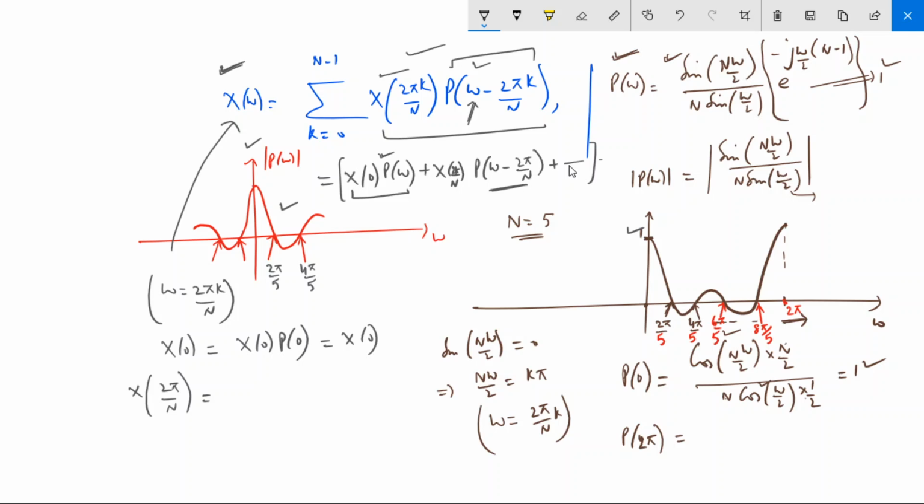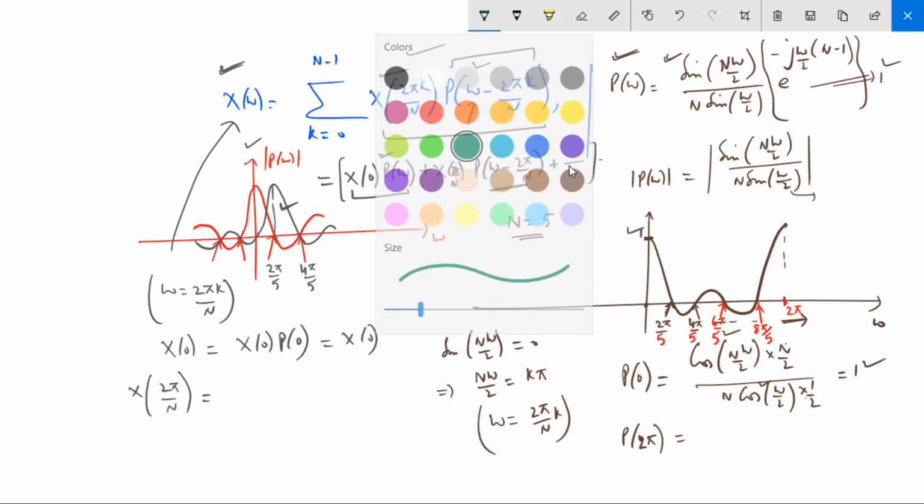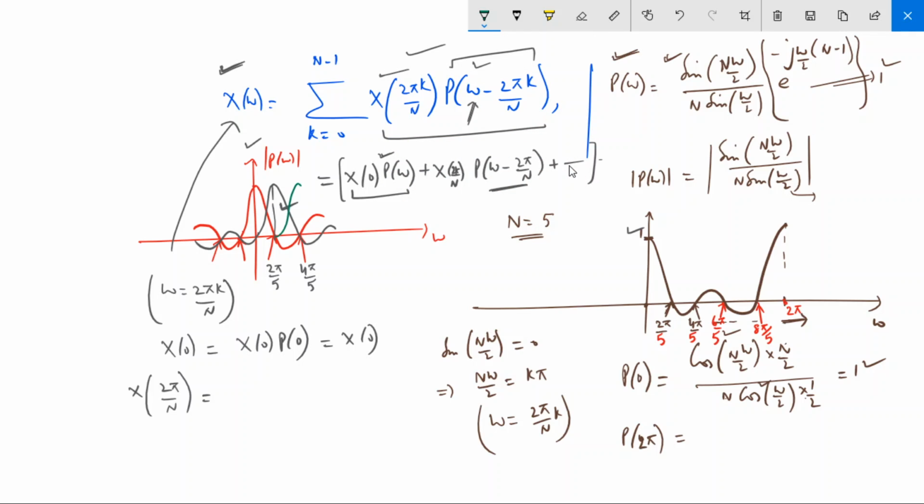So when you generate omega minus 2 pi by 5, you shift this spectrum by 2 pi by 5 to the right, and you get a spectrum like this. This is the first shifted version of the interpolation function. Next will be shifted by 4 pi by 5, so the next pulse you will get from here, something like this.